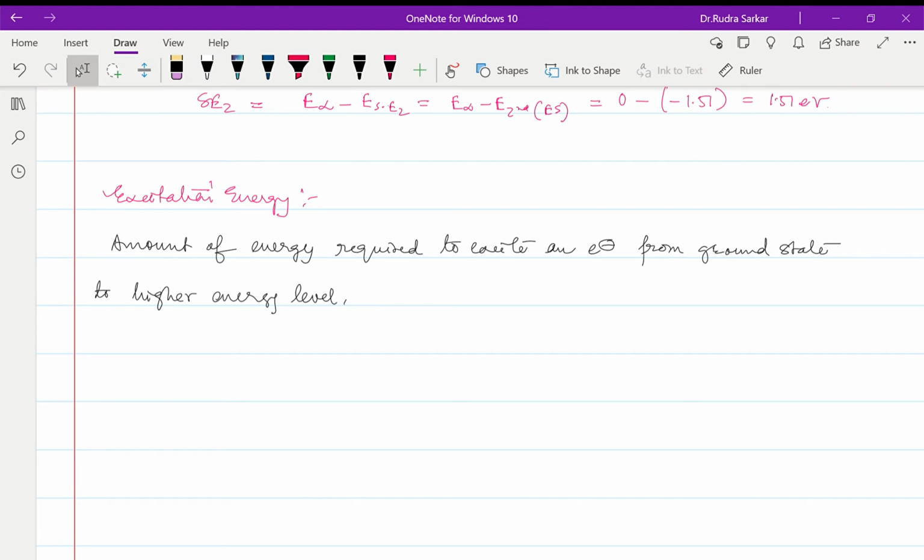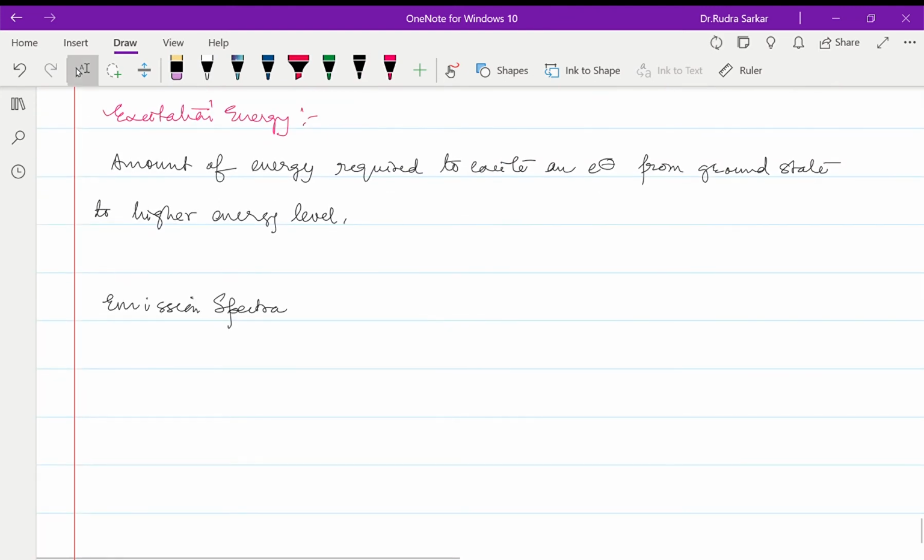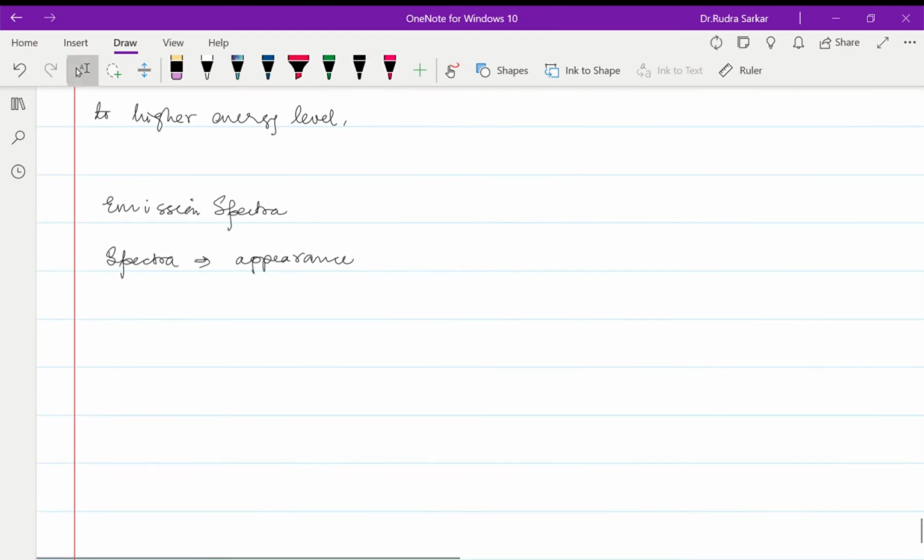So now we are going to discuss. I discussed this in the first class, it was called emission spectra. Over here, spectra means appearance, how it looks. If you remember, we had a prism and a screen.